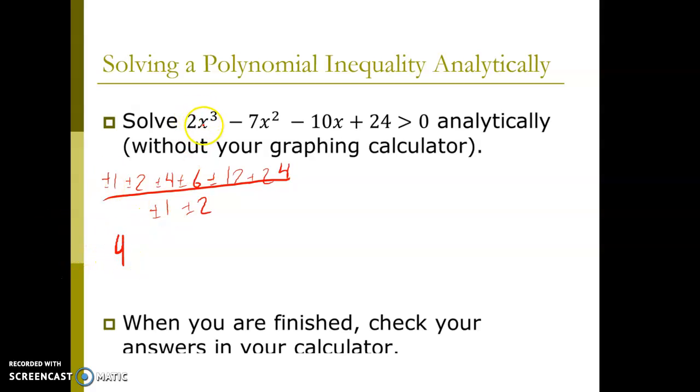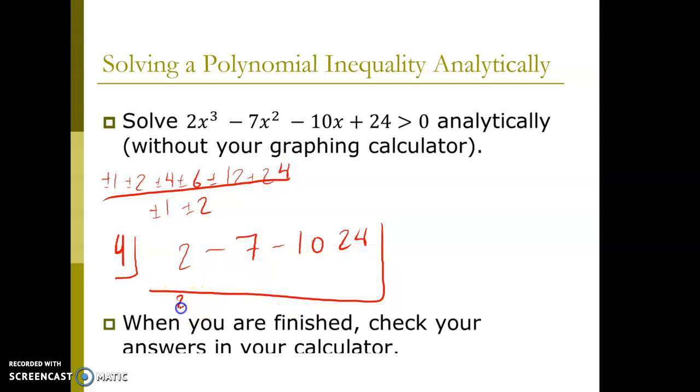Again, when you plug in 4, you should get it equal to 0, which means that is one of your roots. Using that, you should be able to synthetically divide, and then when you synthetically divide, you get the coefficients of a quadratic function down here.